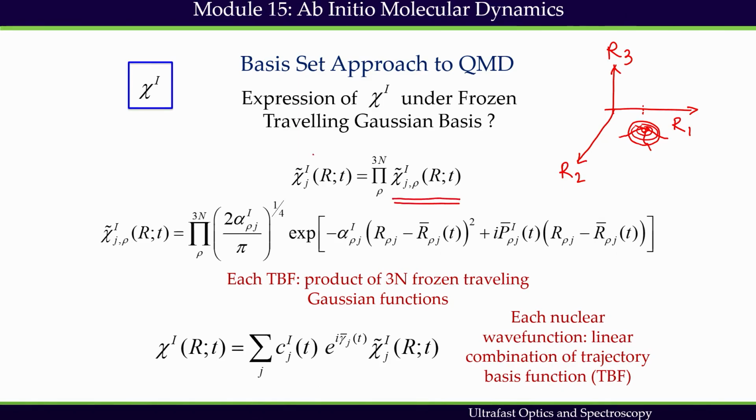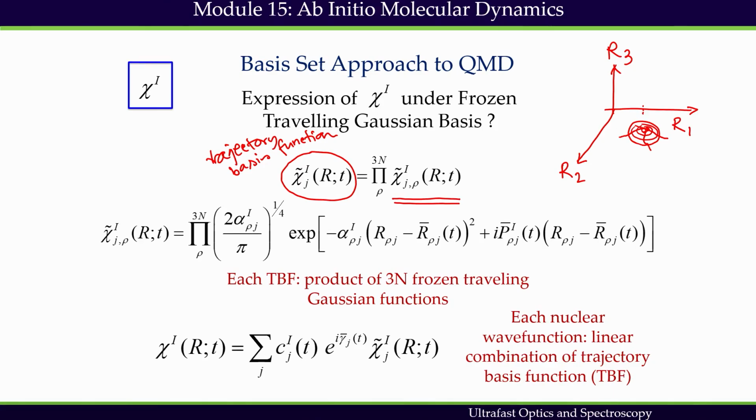This is called the trajectory basis function. We prepare this trajectory basis function by multiplying all the Gaussian functions.